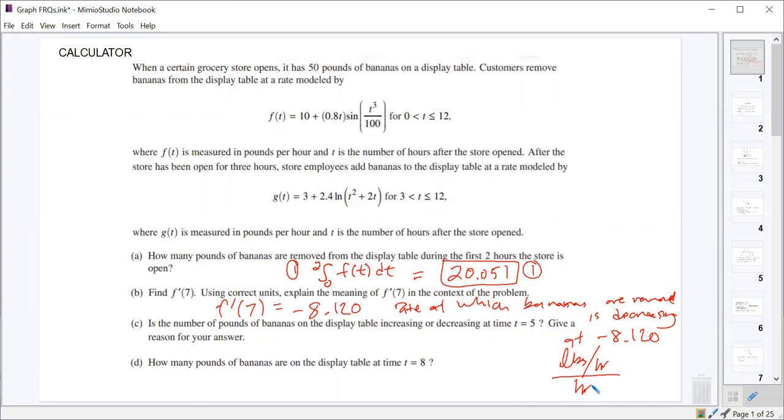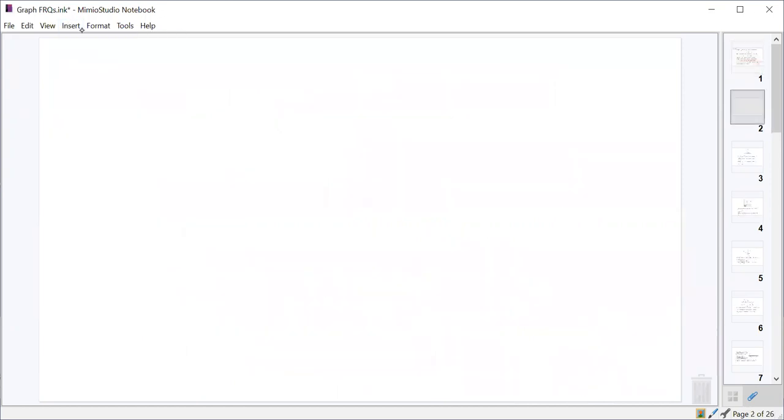That should be the number of pounds that were originally on the table, which was 50. Then we subtract the integral of the rate at which they're being removed, the integral from 0 to t of f of t.